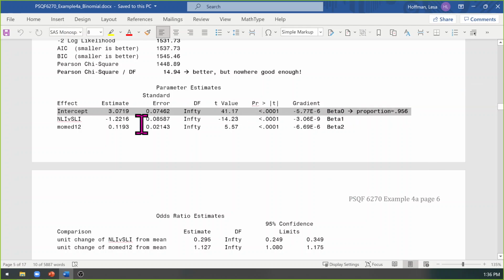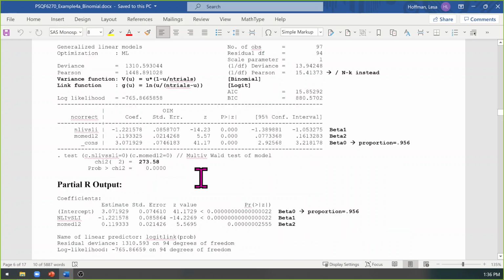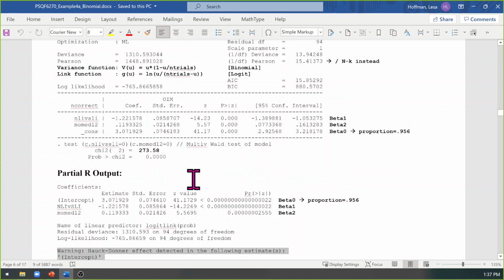So for the reference child who has non-specific language impairment and whose mother graduated high school, their proportion correct is predicted to be 0.956. So we get the same error in the R output because of that with respect to the Hauck-Donner effect thing. We're getting close to the boundaries of that.